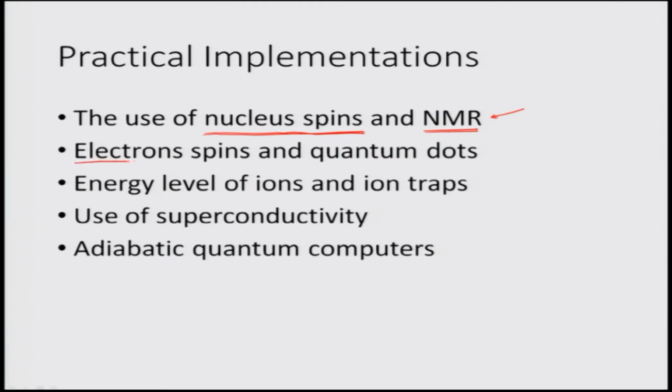We have also talked about electron spins and quantum dots. The energy levels of ions and ion traps are other very important areas of quantum computing implementation which we have discussed. The use of superconductivity is another very important area, and adiabatic quantum computers are the ones which have finally made some commercial implementations possible in most recent times.